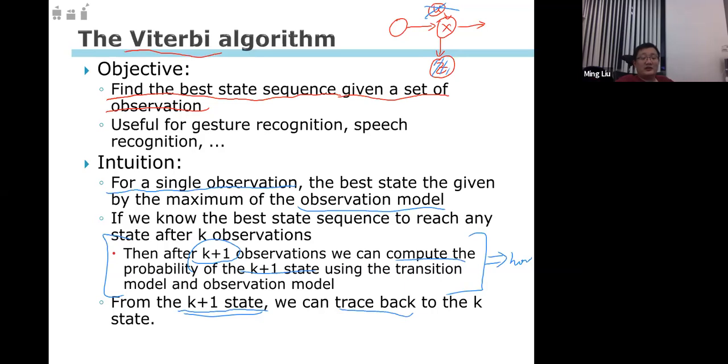Then you maximize the likelihood, and then you trace back the current state. Because you don't know the current state, you can use the current state to predict what will happen next. Then you use what you observe at the next timestamp to infer what's the state. So next timestamp, then you trace back to the current state. Right? So this problem is subtle.